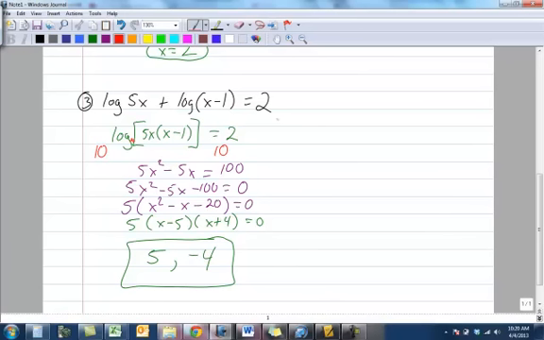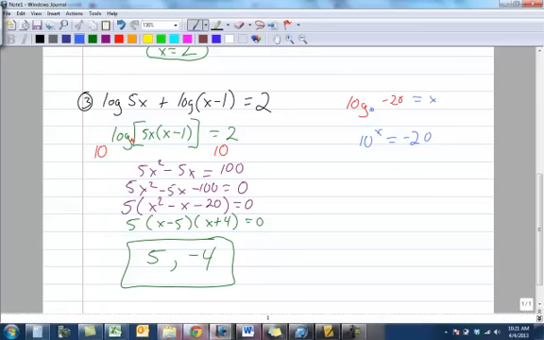But here's the problem with negative 4. Log of negative 20 cannot happen, right? That goes back to the whole thing. The base here is 10. 10 to the power of x will give us negative 20?